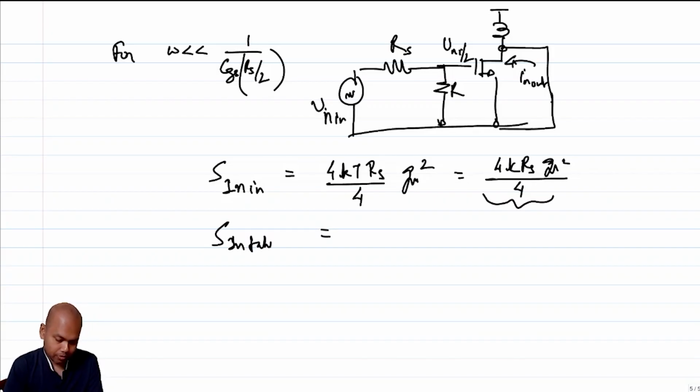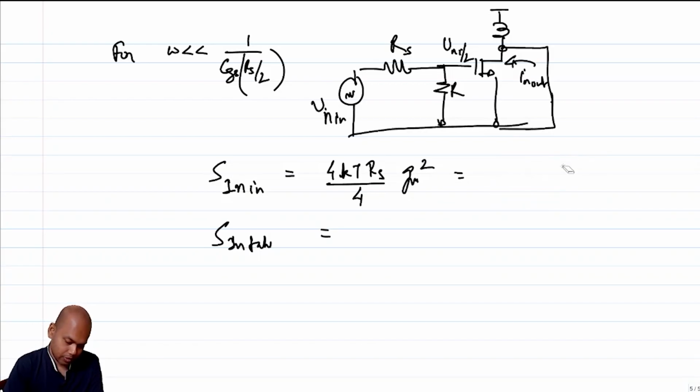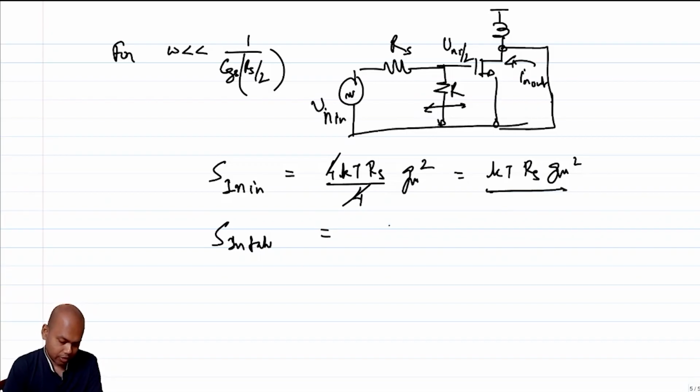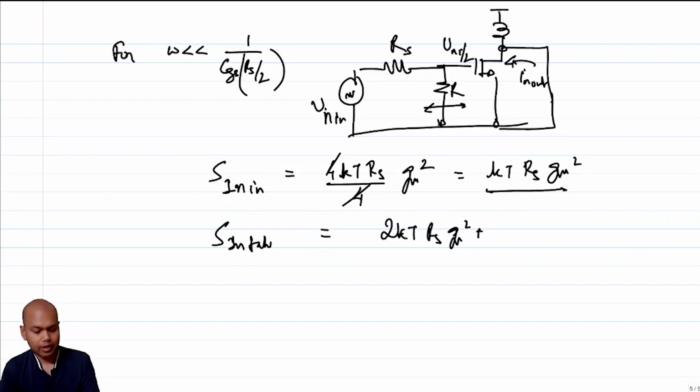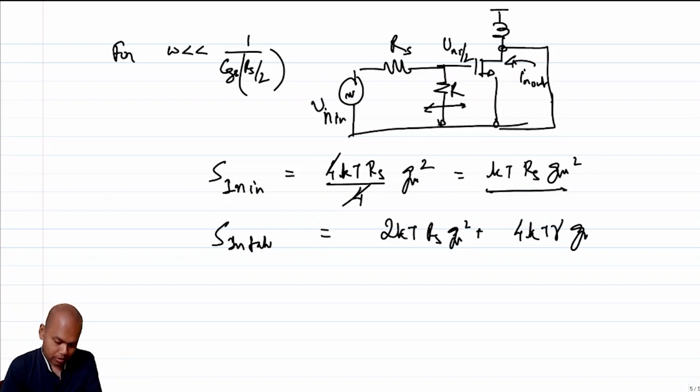So this will be this term, kT RS Gm squared. Then I'm going to get an identical term because of the additional R, right? So I get 2 kT RS Gm squared, and I get an extra term because the transistor is essentially giving me noise, and the spectral density of that is 4 kT gamma Gm.